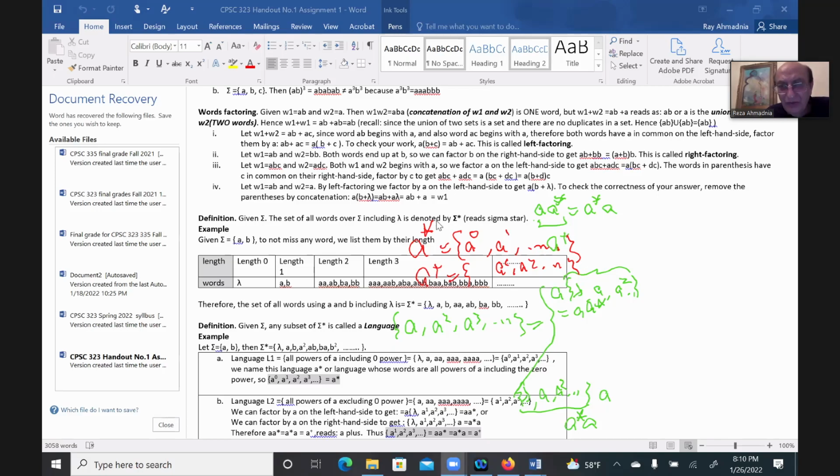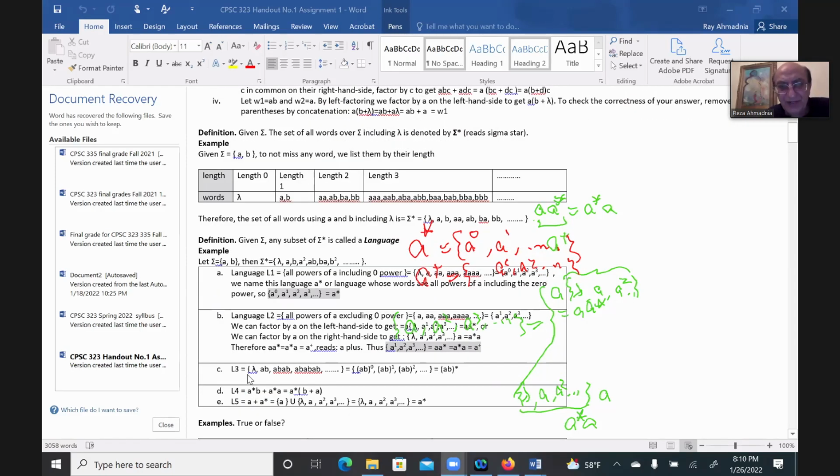I went through more examples here. Suppose the language is this one. Can you simplify this language? Let's see. Lambda is AB to the 0 power. This is AB to the first power. AB is AB to the second power. So what I have is all powers of AB, including the 0 power. So what is a good name for this language?